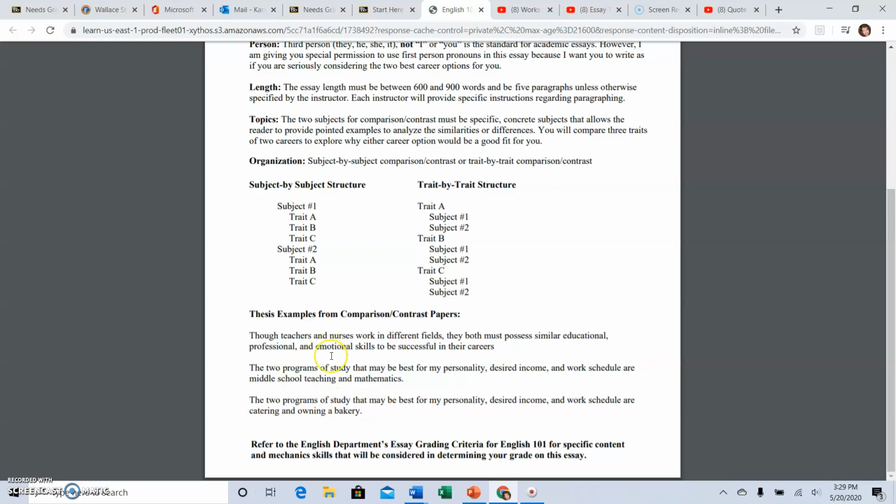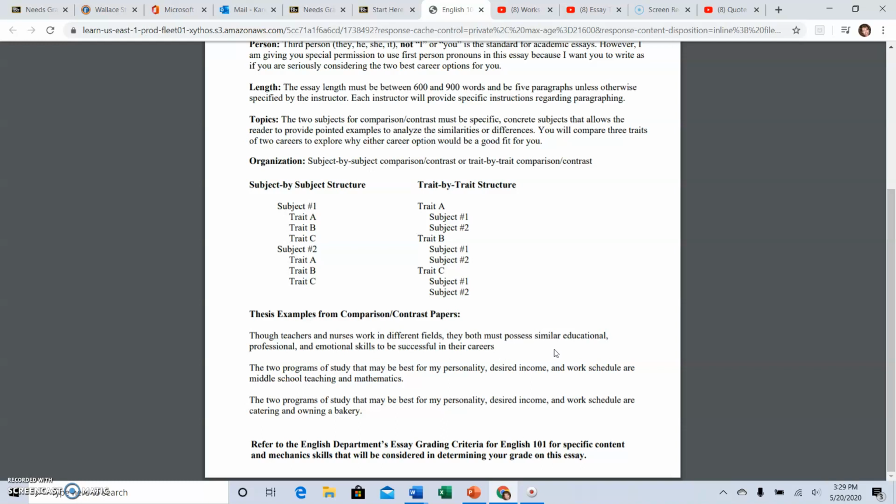So here's an example. Though teachers and nurses work in different fields, they both must possess similar educational, professional, and emotional skills to be successful in their careers. So this is a good third person thesis statement. If you want to use third person, you're still welcome to do that. You should just make sure you are consistent with your pronoun usage.